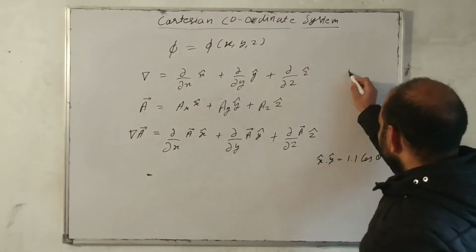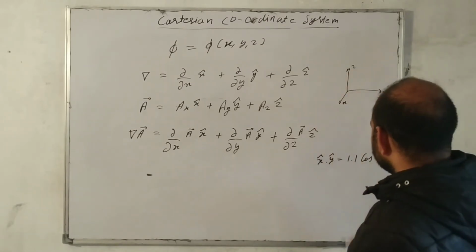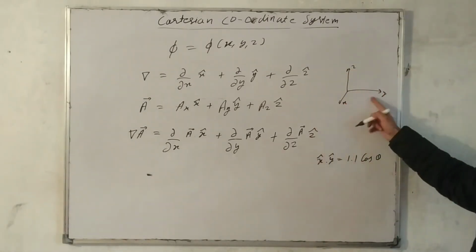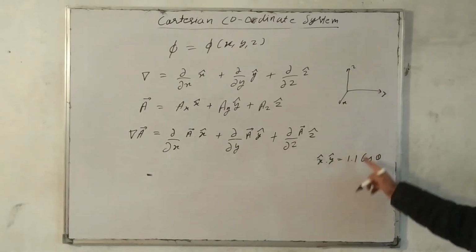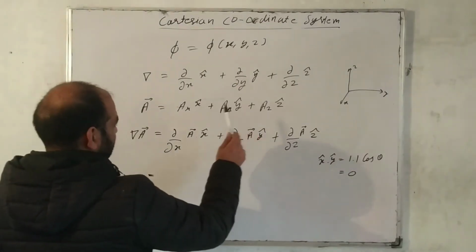So what will be theta here? This is x, this is y, this is z. The angle between x and y is 90 degrees, so cos 90 is 0.